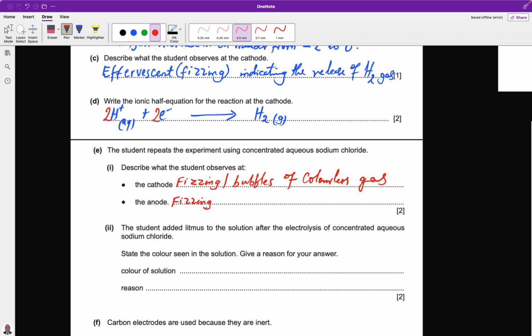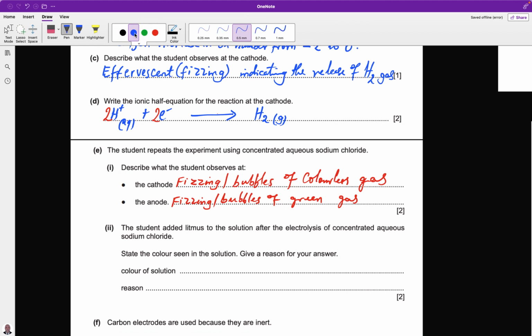You can say fizzing and bubbles of chlorine gas, or you can say bubbles of green gas, because you will not know whether it is green gas. Bubbles of green gas are released, because this is what is going to happen there.